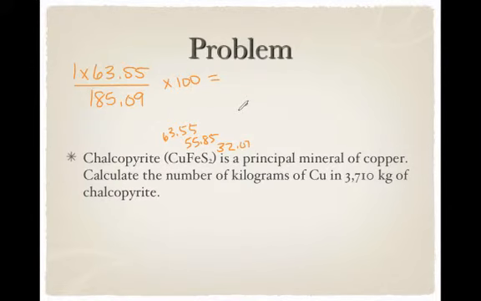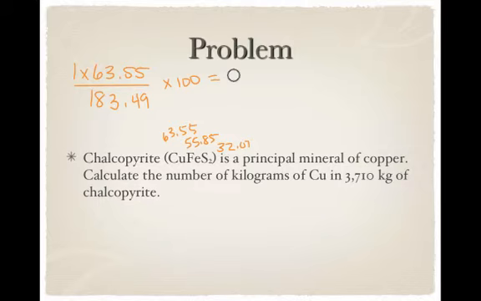So what percent is copper? Oh, for the mass. Okay. 183.49.